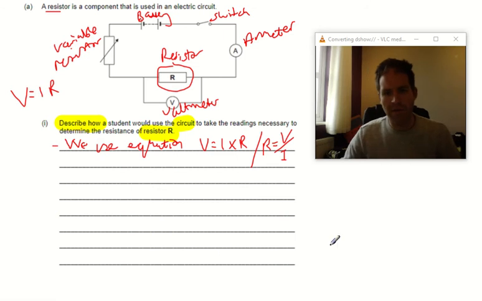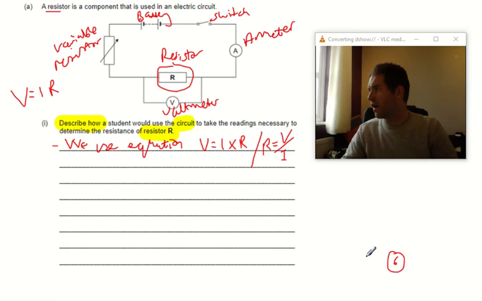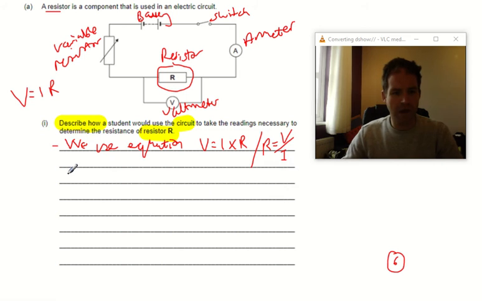Now, this is going to be a 6-mark question, a 6-marker, so you think about 6 different things. Okay, so we've said that R equals V over I, and then we need to, number 1, think about how we're going to get this circuit to work. We need to switch it on. Switch on. Okay, that's point 1.